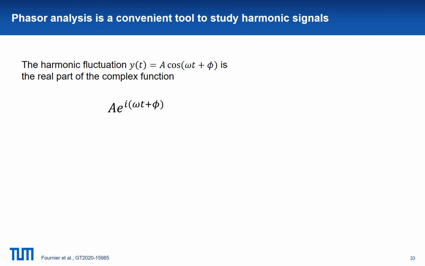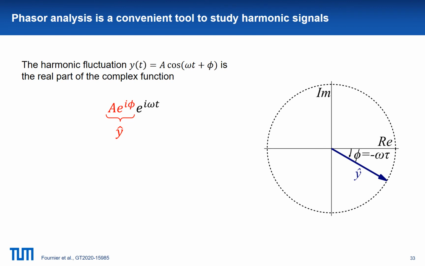Therefore, we can factor out the time dependency and keep only the first two terms, A exponential i phi. This complex valued vector is what we call the phasor. In the complex plane, it corresponds now to a fixed vector of length A, the amplitude of the signal, and of angle phi that corresponds to the phase shift.